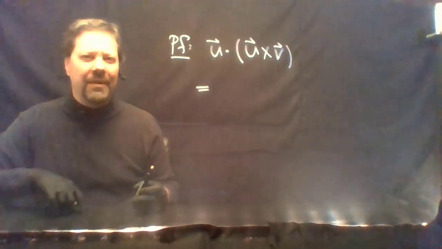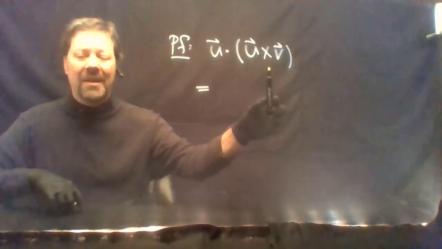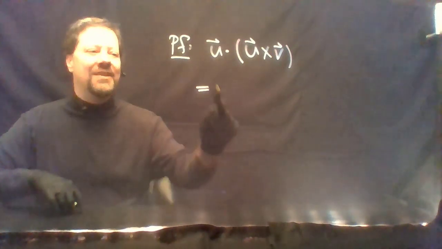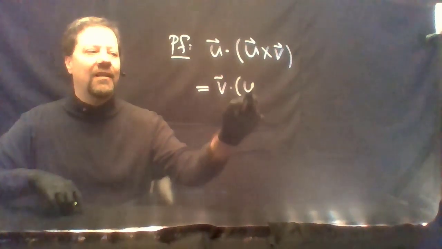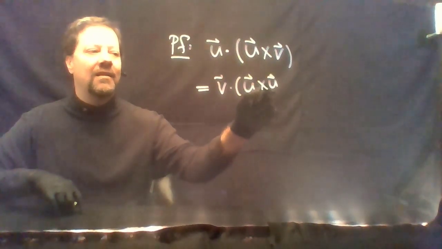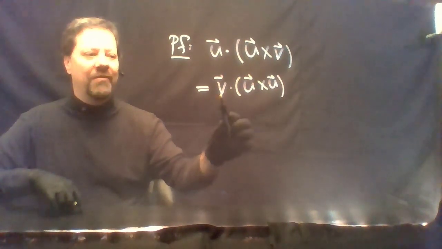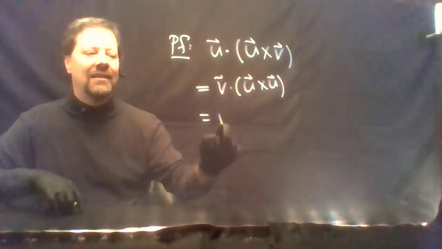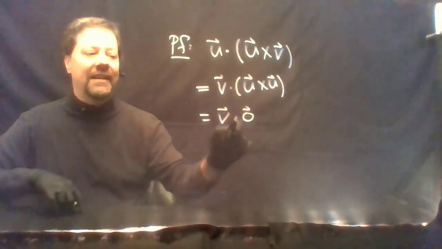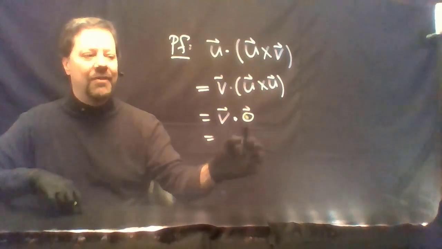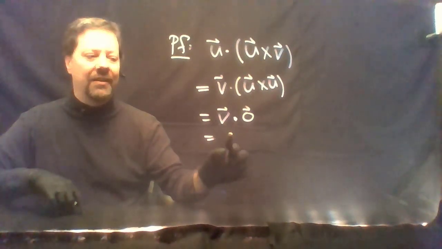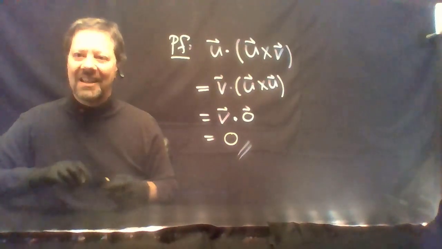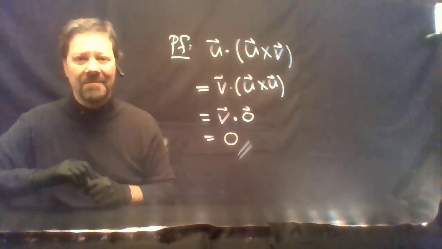But remember, this is a scalar triple product, and the scalar triple product is invariant under cyclic permutations. So we end up with V dot U cross U, but U cross U we know already is the 0 vector. And if you dot the 0 vector with any other vector, you get the 0 scalar. That's the end of the proof for property 1.